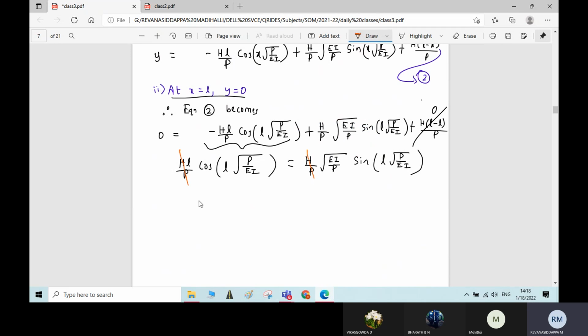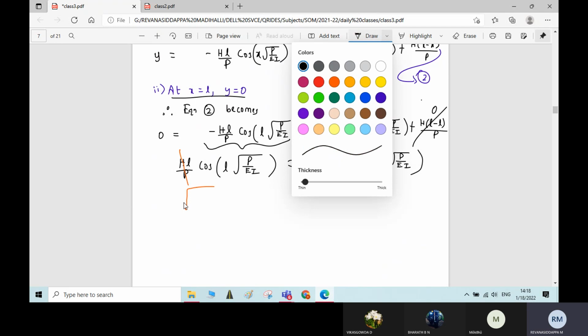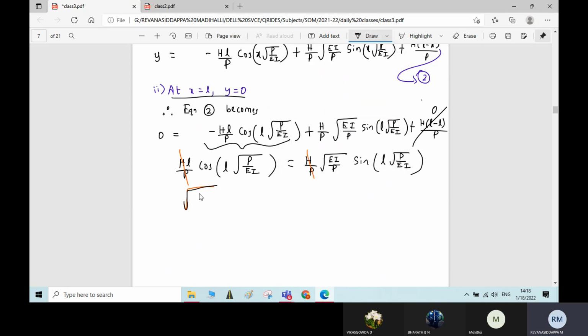Therefore, root EI by P. Now you take this cos to the RHS and root EI by P to the LHS. It becomes root of P by EI.